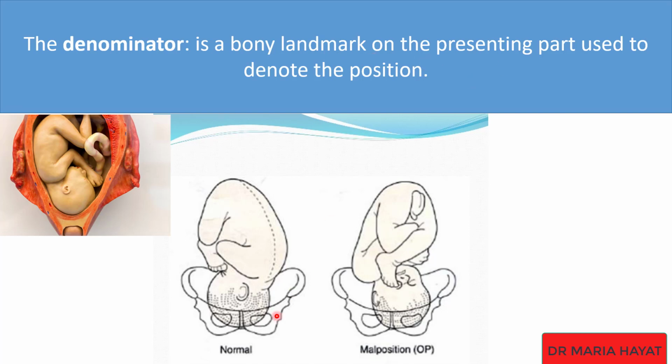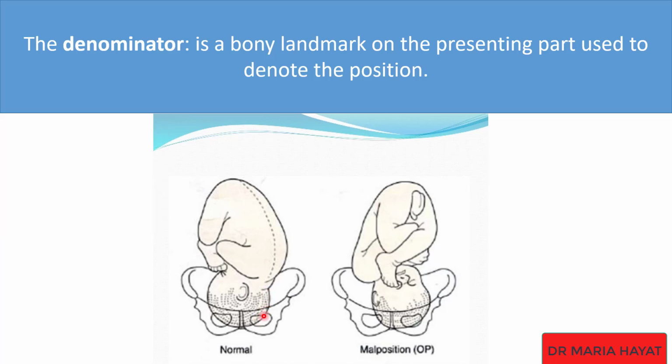In case of the vertex presentation, you will choose the occiput, either towards the anterior side of the pelvis or towards the posterior side of the pelvis. So what is the denominator? The denominator is a bony landmark on the presenting part used to denote the position.